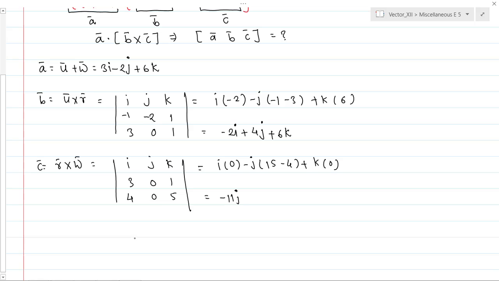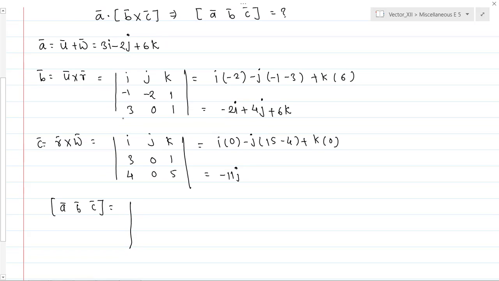Okay, so we have all the values of a, b, c, and now let's find the box product of a, b, c. The box product of a bar, b bar, c bar is equal to the determinant of all the coefficients of these three vectors. So it is 3, minus 2, 6, then b bar: minus 2, 4 and 6, and then 0, minus 11, 0. Let's solve the determinant.